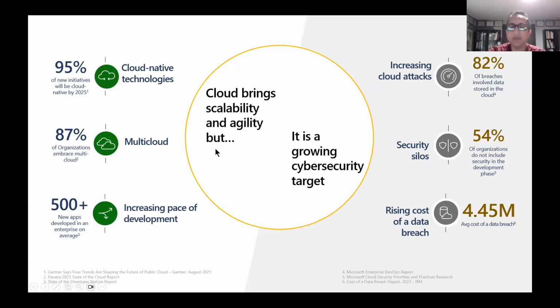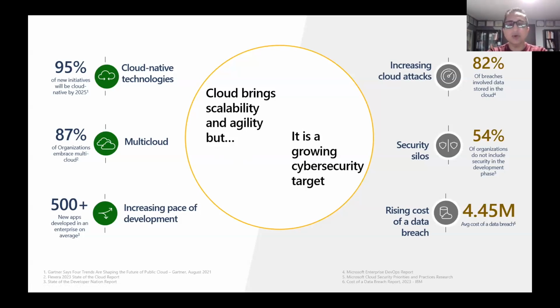Now, what this really means, if you translate this to risk, is that the cloud has become a very big target. If you look at the top right, you have 82% of breaches involved data that was in a cloud somewhere. Now, this is made worse because most companies, with the best of breed mentality, end up with silos of protection.